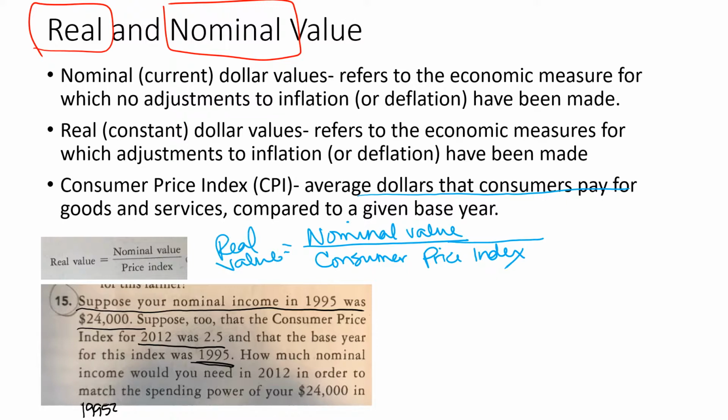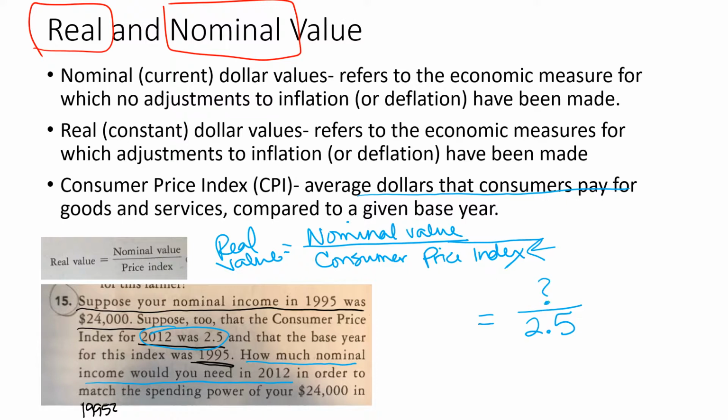We are looking at 1995, and we have the consumer price index for 2012 was 2.5. So we have the bottom part of this equation, 2.5. The nominal value is what we are looking for: how much nominal income would you need in 2012?